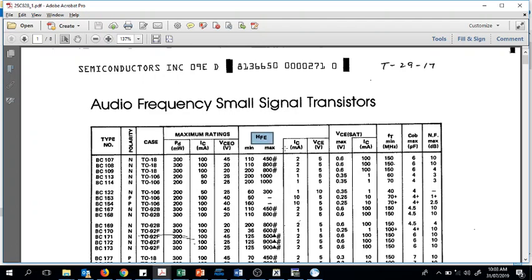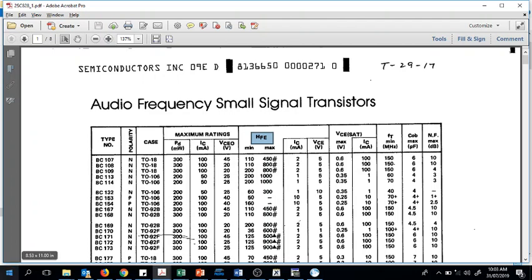That is, for the moment, consider that as the beta. This is another term for beta, HFE. Some data sheets will mention that as beta, some will mention this parameter as HFE, right? That is the forward current gain or current gain of the common emitter mode, that is IC over IB, right?